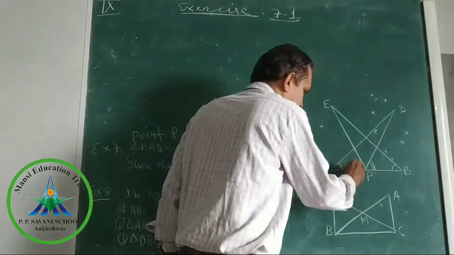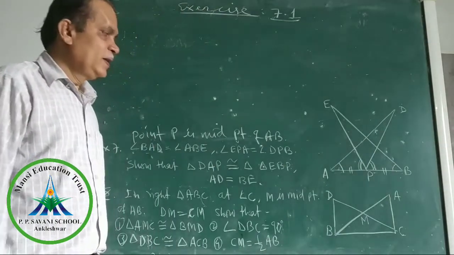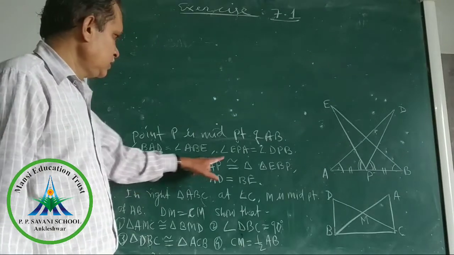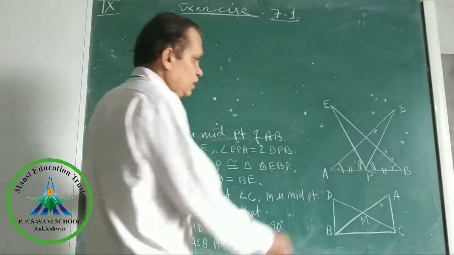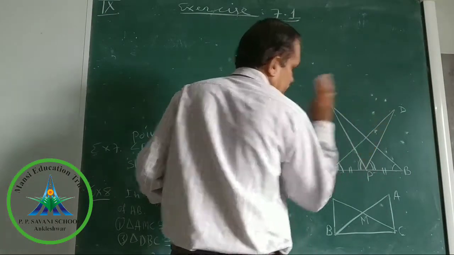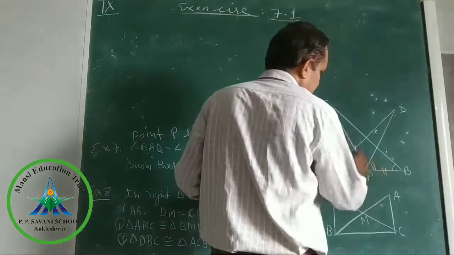So see, AP equals PB. Now they are asking, show that triangle DAP is congruent to triangle EBP.